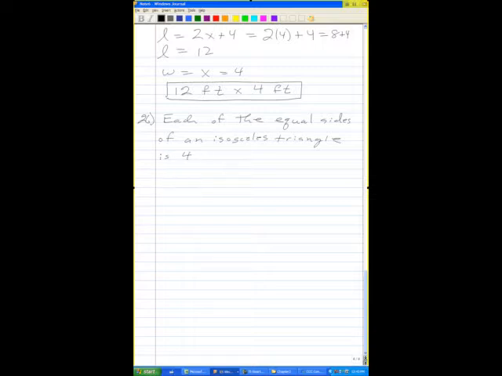So this is 4 centimeters more than its base.